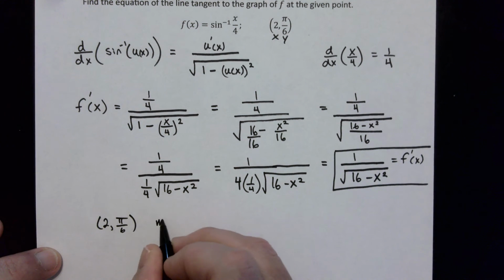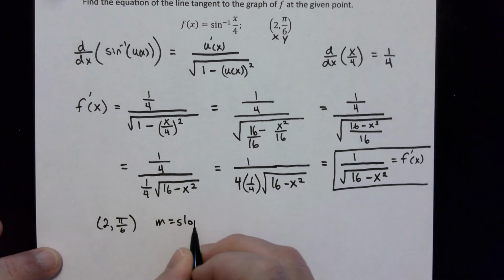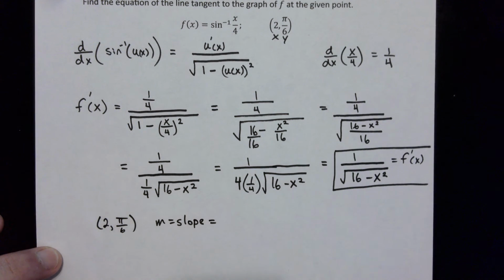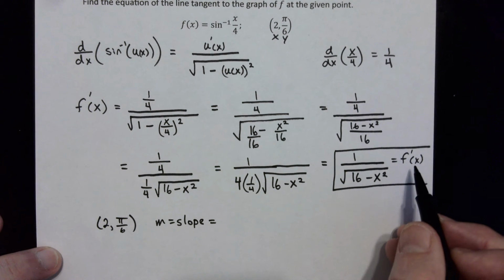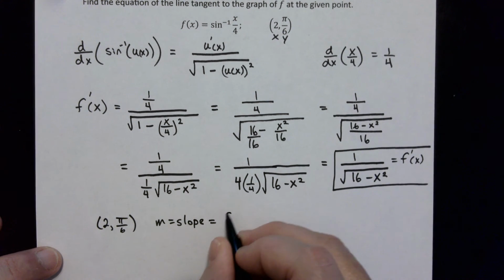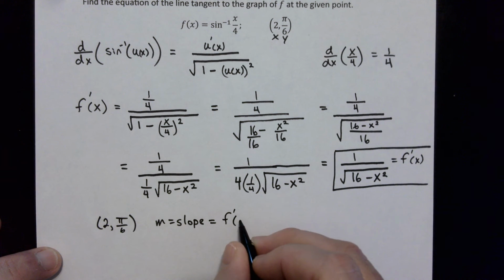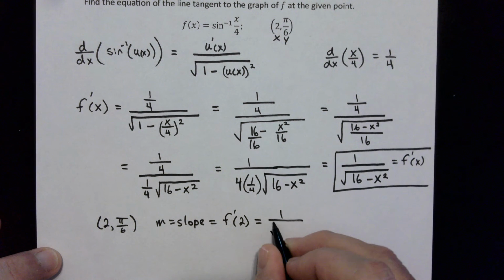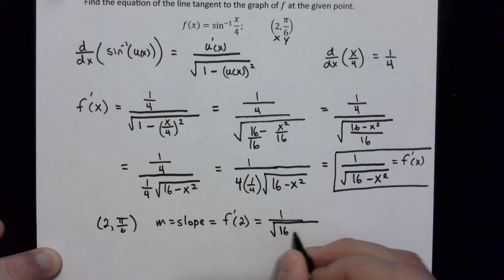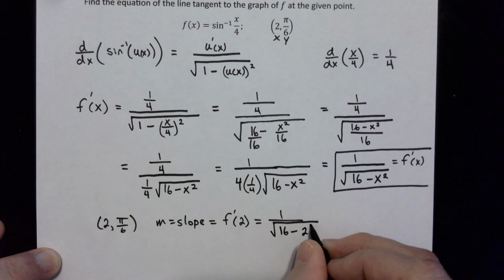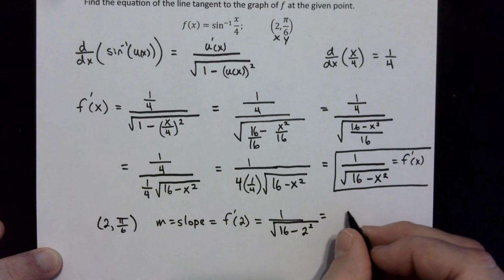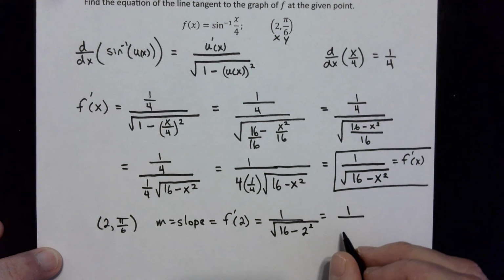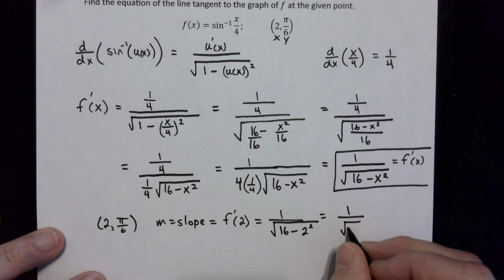Okay, so m, which is your slope, we're going to find that by plugging in 2 into f prime. So it'll be f prime of 2. Okay, so that will be equal to 1 over the square root of 16 minus 2 squared. Okay, and that will be 1 over the square root of 12.